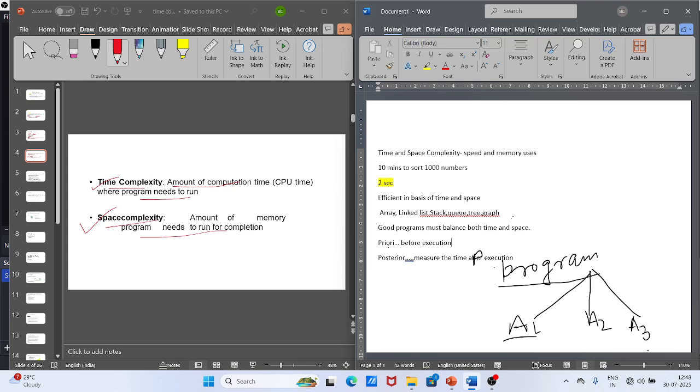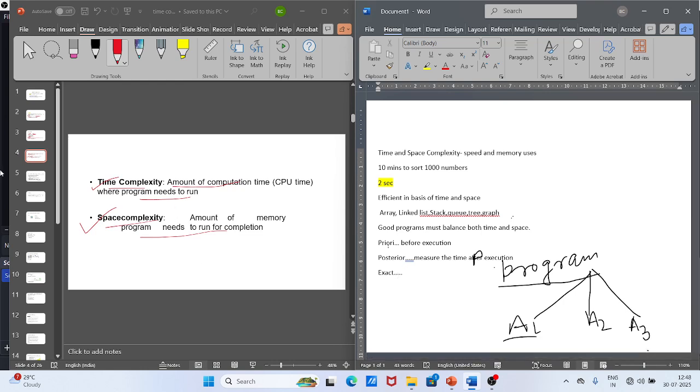So in a posterior, the data is exact because it is taken after the execution.